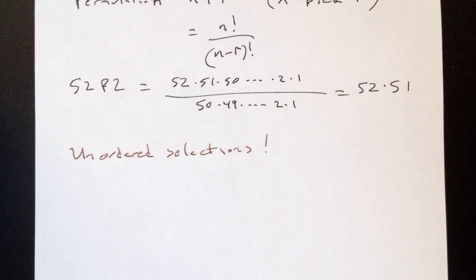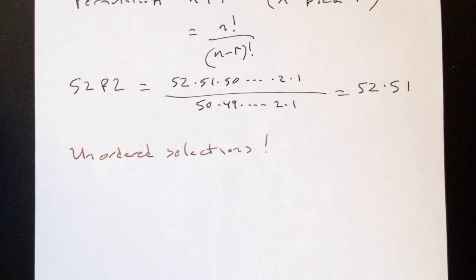So in that number, 52 times 51, I had 2 times as many ordered selections as I do unordered selections. Every pair of cards is going to appear first in one order and then in the other order. But they're all going to get matched up that way, aren't they?